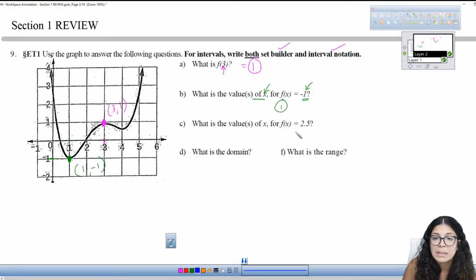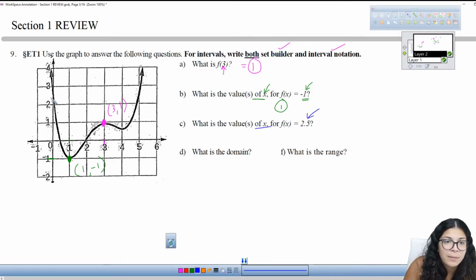Okay. Part C, what x value gives you a y value of 2.5? So a 2.5 y value is right here, and actually the point is right there on the graph. So this y value of 2.5 has what x value? 0.